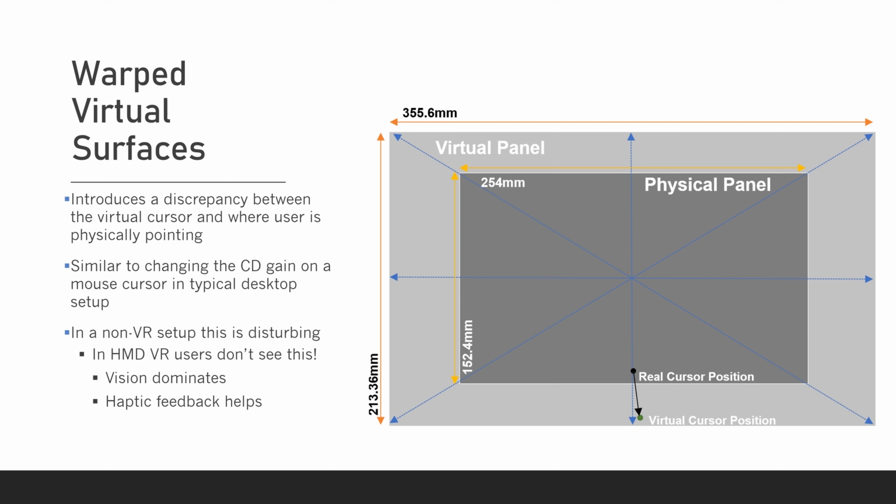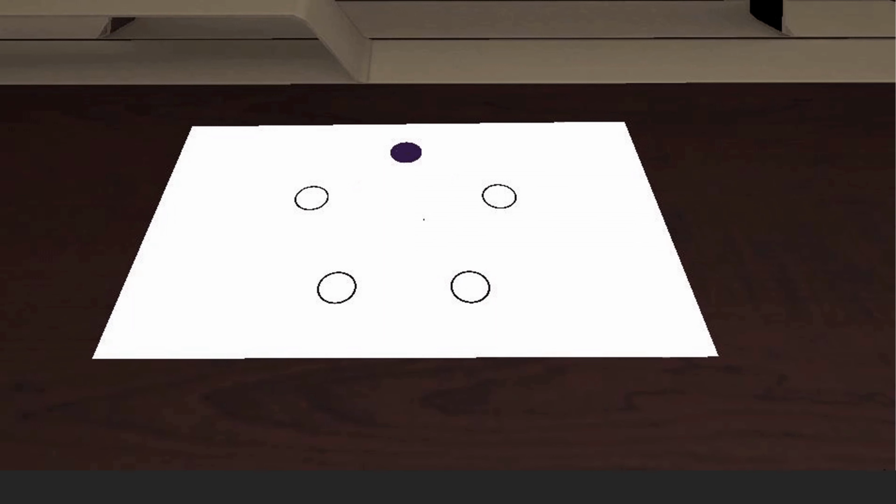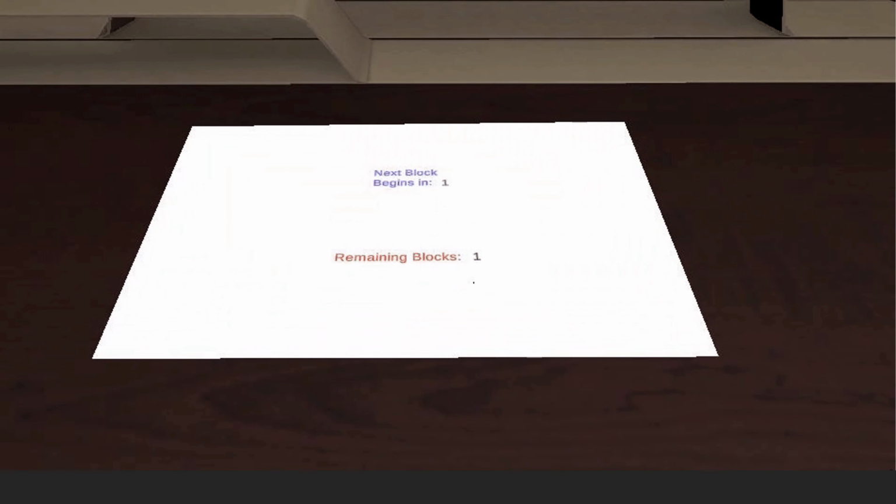In other words, the virtual cursor users see and use in VR is further ahead of where they are physically pointing on the tablet. This is similar to the effect of applying CD gain on a mouse cursor in desktop setups. This won't be disturbing since users cannot see their physical hand while in HMD VR.